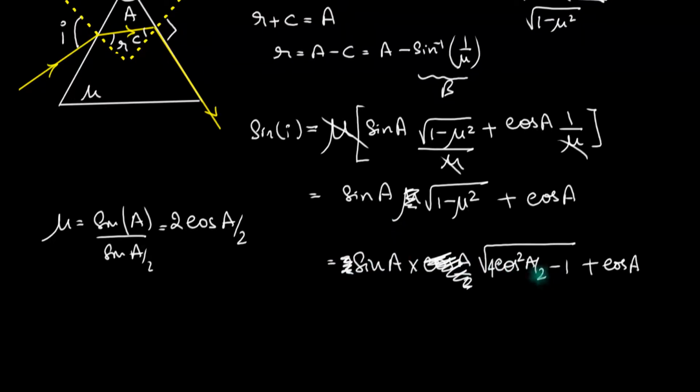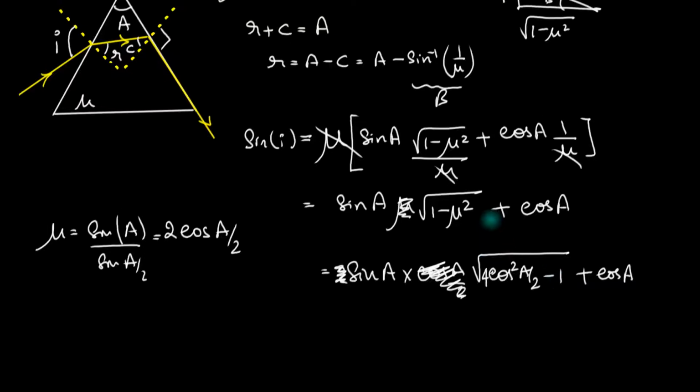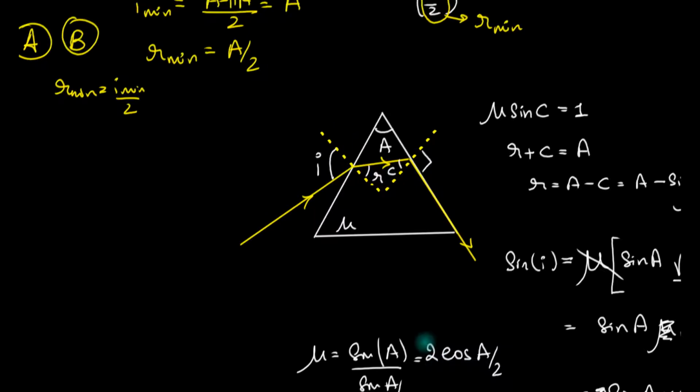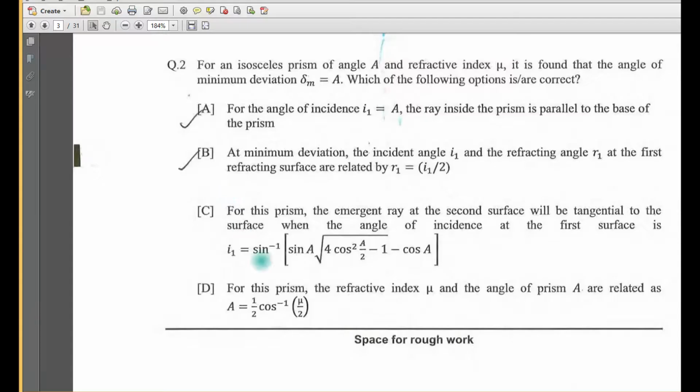Alright. This makes perfect sense. Minus 1 plus cos A minus cos A. Oh my god. This is embarrassing. Okay. Alright, so yes. Third one is also an option. So C is also an option over here.